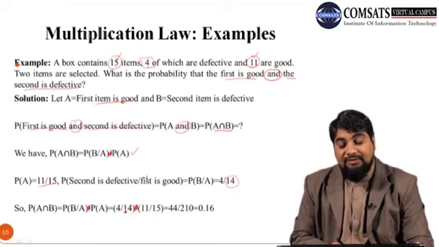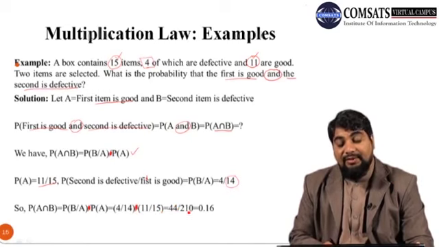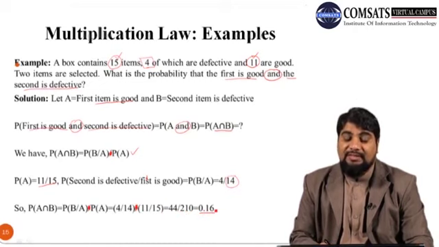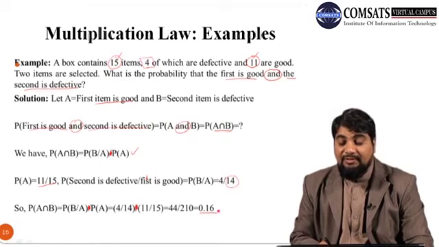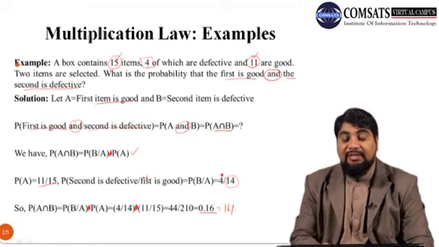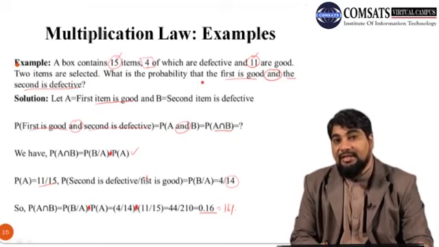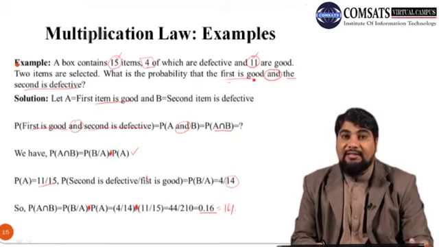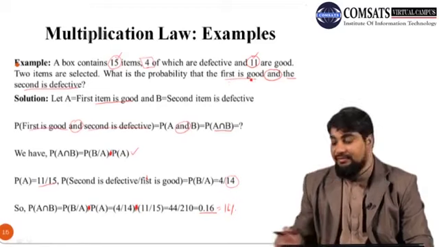So it is 4 into 11, 44, divided by 14 into 15, which is 210. If you simplify it, you get 0.16, which is equal to 16%. So 16% is the required probability that the first item will be good and the second one will be defective.